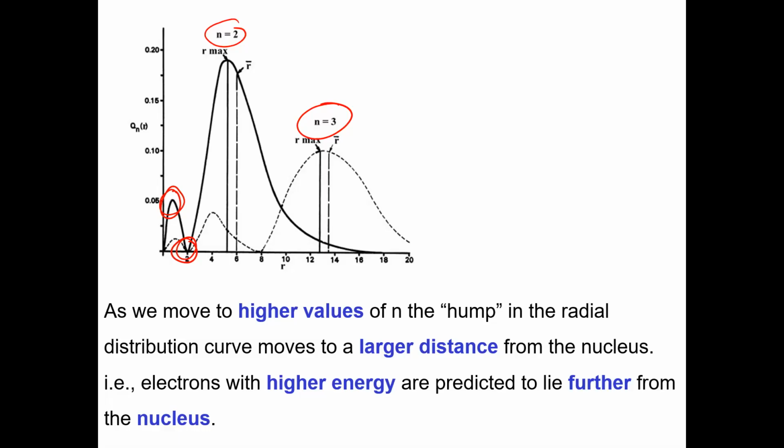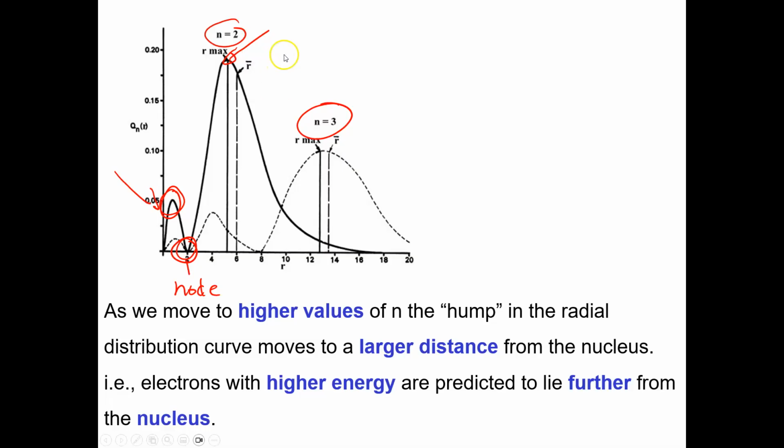So there's one point there, we call that a node, where the probability of finding the electron drops to 0. But what's interesting is if you go even closer to the nucleus, the probability of finding the electron then rises. So that's kind of cool. This is the most likely distance to find the electron in the n equals 2 level of the hydrogen atom.